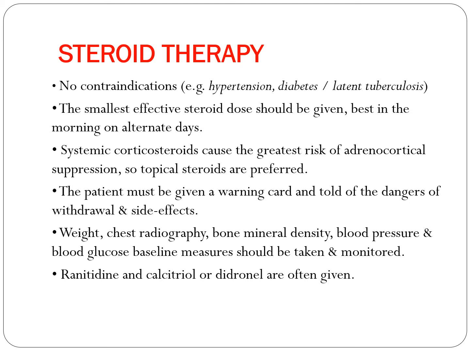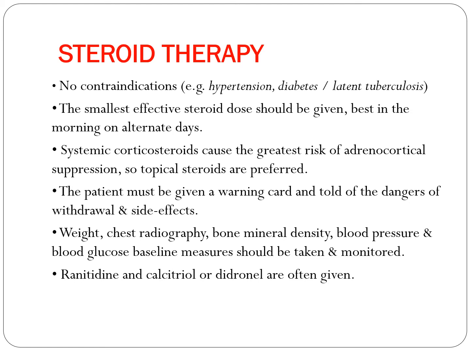So what will we do for long steroid therapy, where the patient is taking it for a minimum of around 1 year, more than 1 year like that? There will be no contraindications, but mainly we want to reduce the hypertension and the diabetes, so we want to manage the hypertension and control the blood sugar. The smallest effective dose of steroid should be given, based on the morning or alternate days.